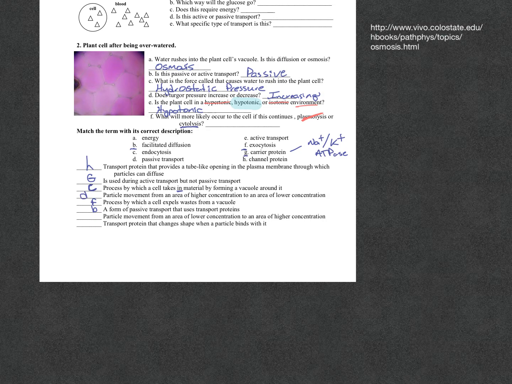Particle movement from an area of lower concentration to an area of higher concentration. There we have to talk about E, active transport. Transport protein that changes shape when a particle binds to it.